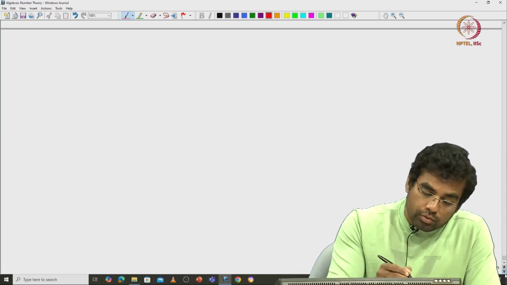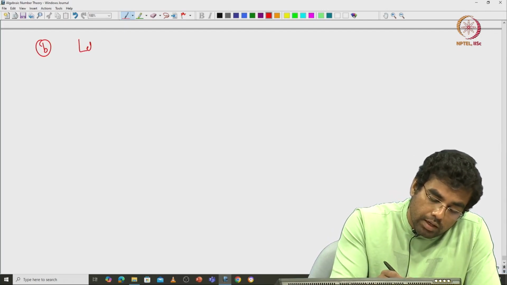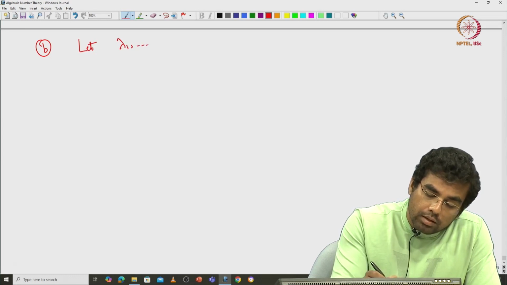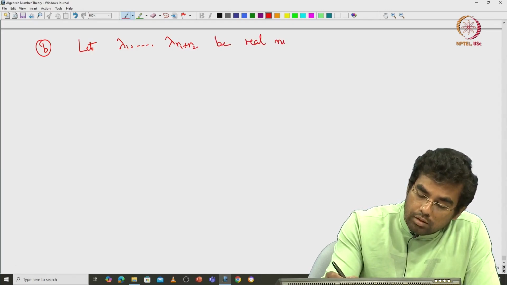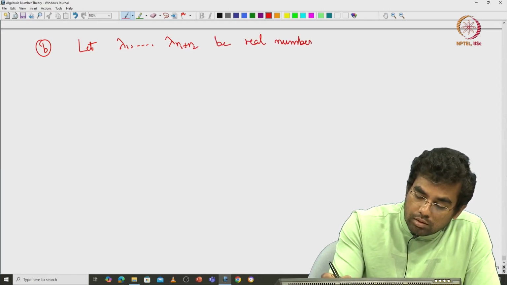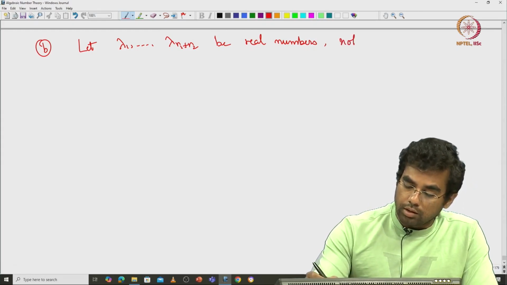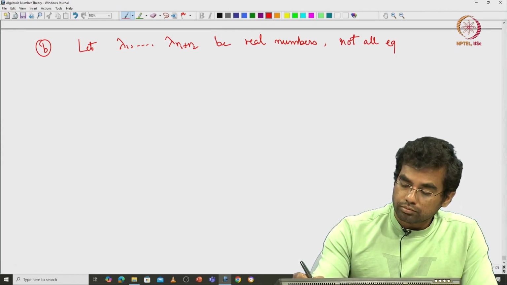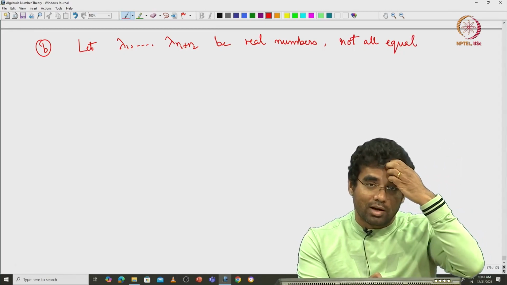So, what I am going to do for B is the following. Let lambda 1 up to lambda R1 plus R2 be real numbers, not all equal, which means that at least two of them are distinct.